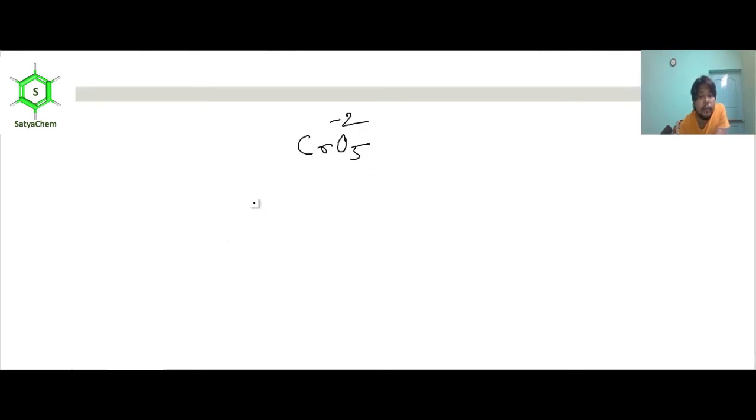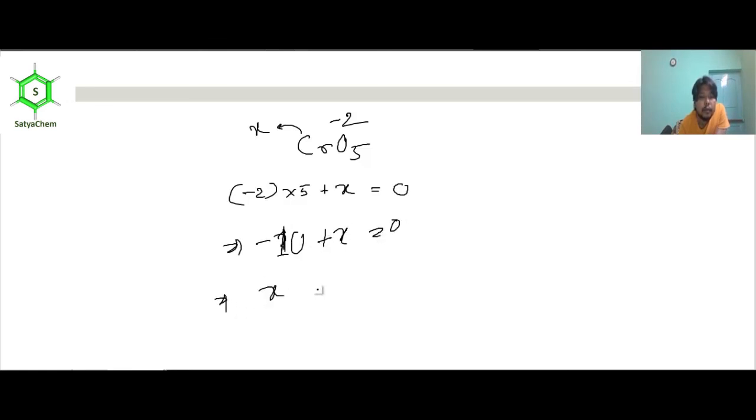There are 5 oxygen, so -2 into 5. Let's say the oxidation number of chromium is X. So X minus 10 equals 0, X equals +10. Here it is saying that the oxidation state of chromium is +10.